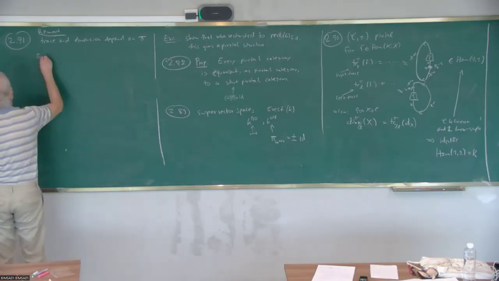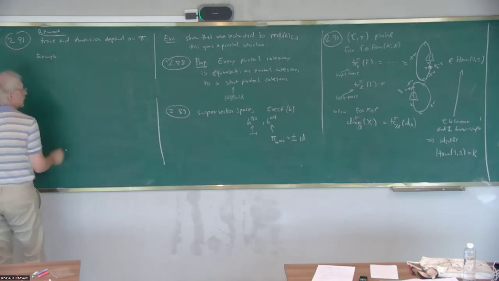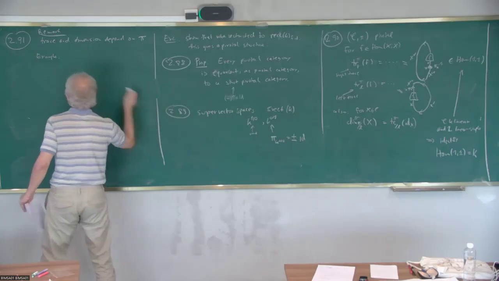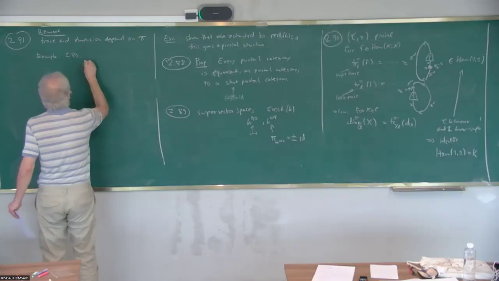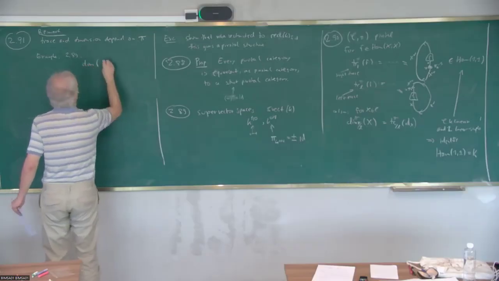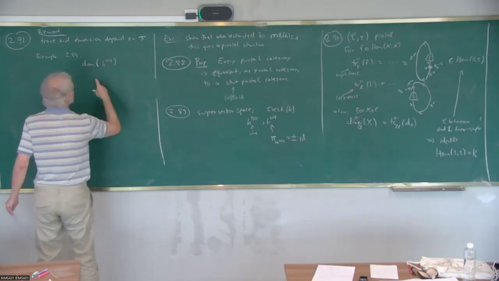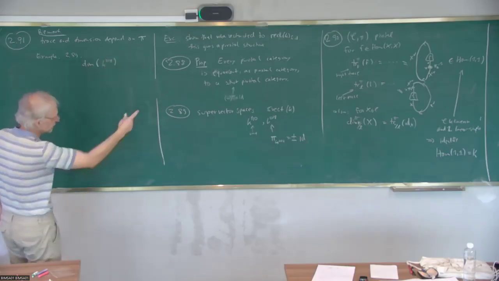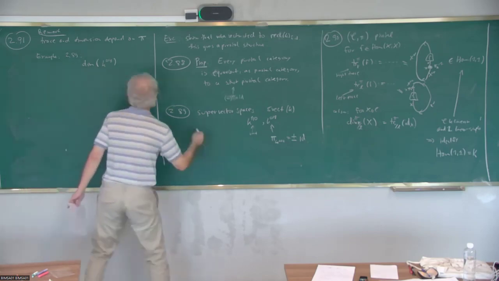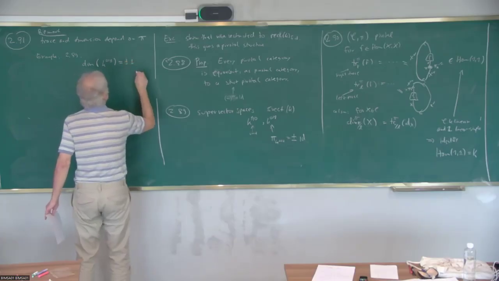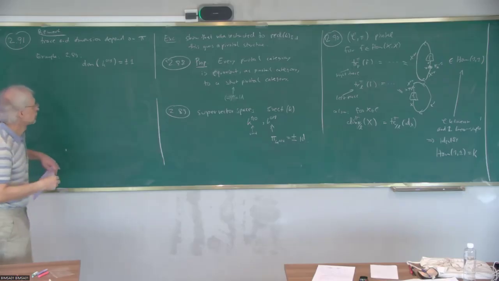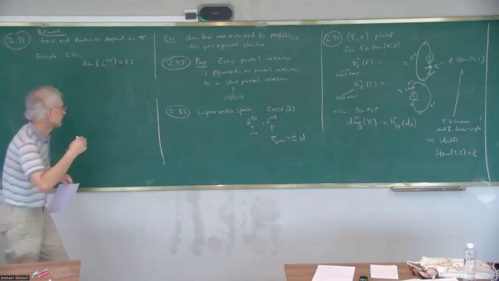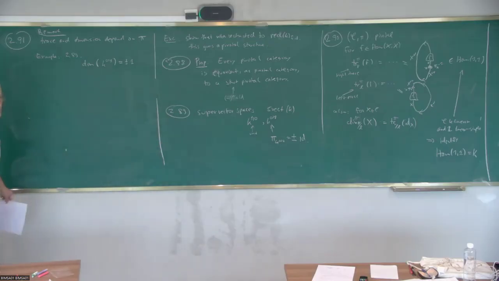And as an example, in this case here, we get the dimension of this odd unit, as it is called, is plus or minus 1. And some people like to say for the odd one-dimensional super vector space, the dimension should be minus 1.